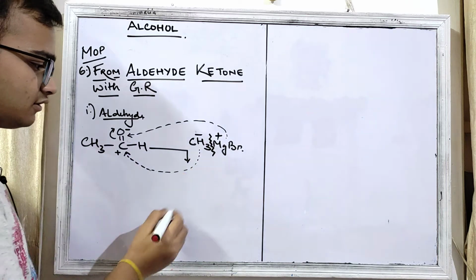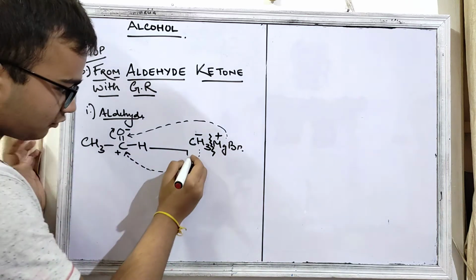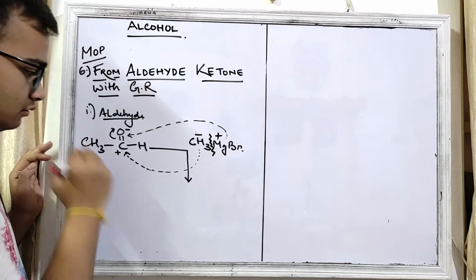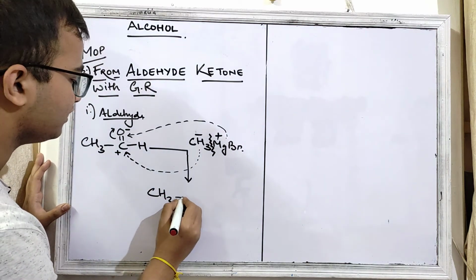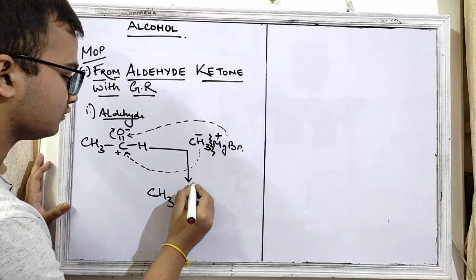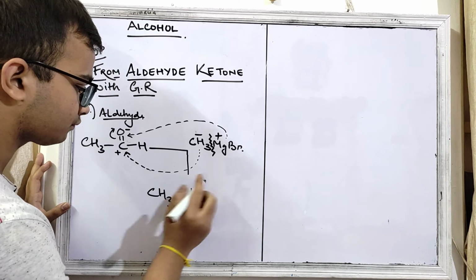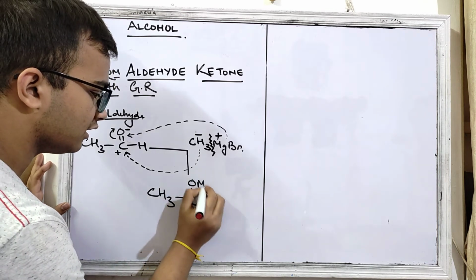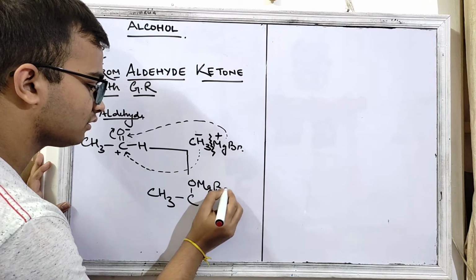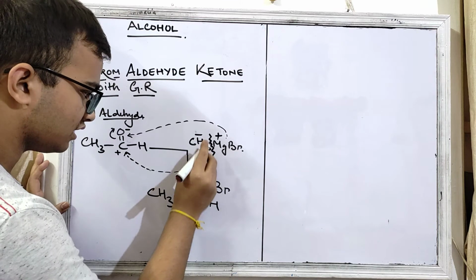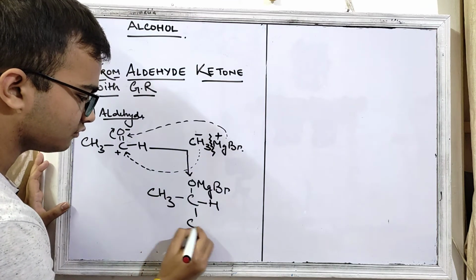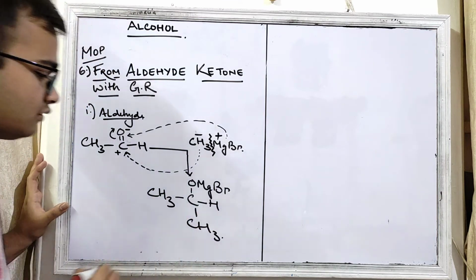So as a result of this, the product which we are obtaining is looking like this: CH3. This is not the product, this is the intermediate. This is O, OMgBr, and this is the H, and from the bottom the CH3 is attacking, so this is CH3. Okay.